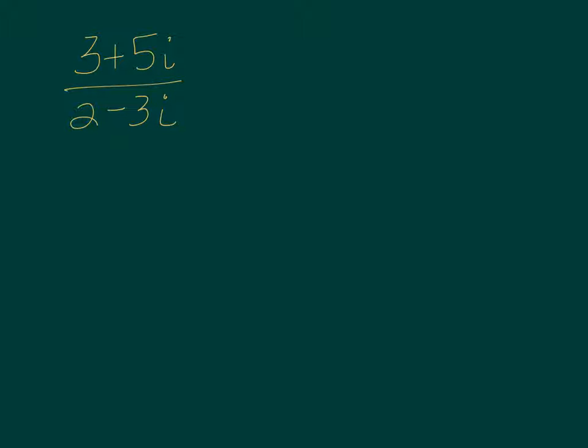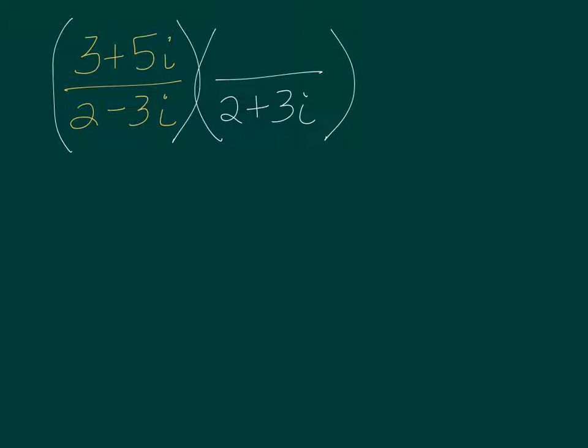We need to rationalize that. We can do that with the i's intact. So we're going to multiply this by the conjugate of the denominator, which is 2 plus 3i over 2 plus 3i, because we know down here that when I multiply those, the i's will go away.